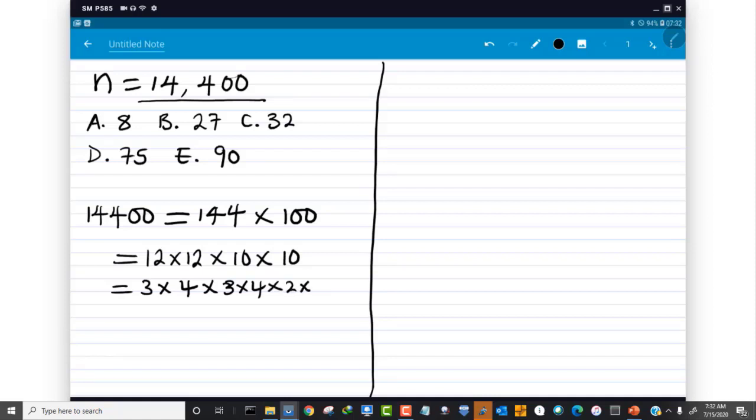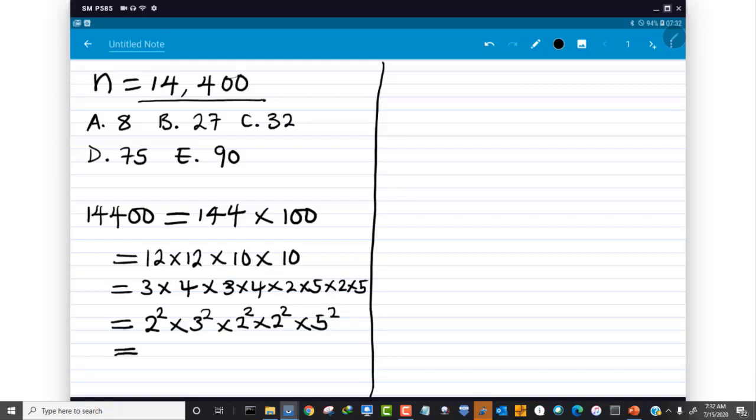Now the 10 is 2 times 5 times 2 times another 5. So at the end, I'm going to have my 2 twice, that's 2 raised to the power 2, times 3 raised to the power 2, times 4 is another 2 raised to the power 2, times another 4, which is another 2 raised to the power 2, times 5 raised to the power 2.